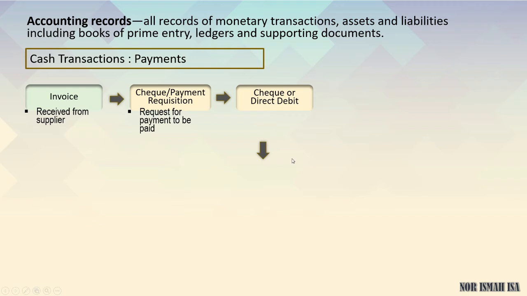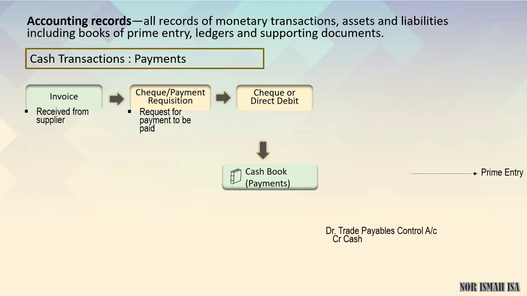So if an amount of the debt has been paid through check or direct debit, the buyer should update the cash book at the payment part, which is also a prime book of entry.